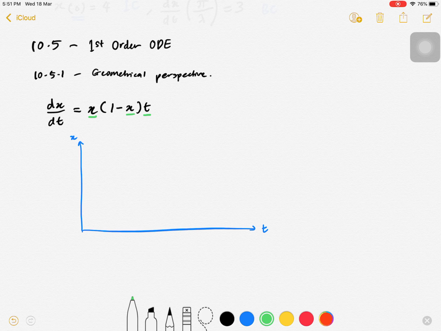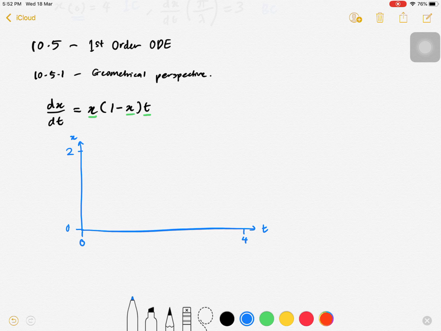So we can put a value of x right here, and a value of t right here. Let's say the range is for t 0 to 4, and for x 0 to 2. This is an example.